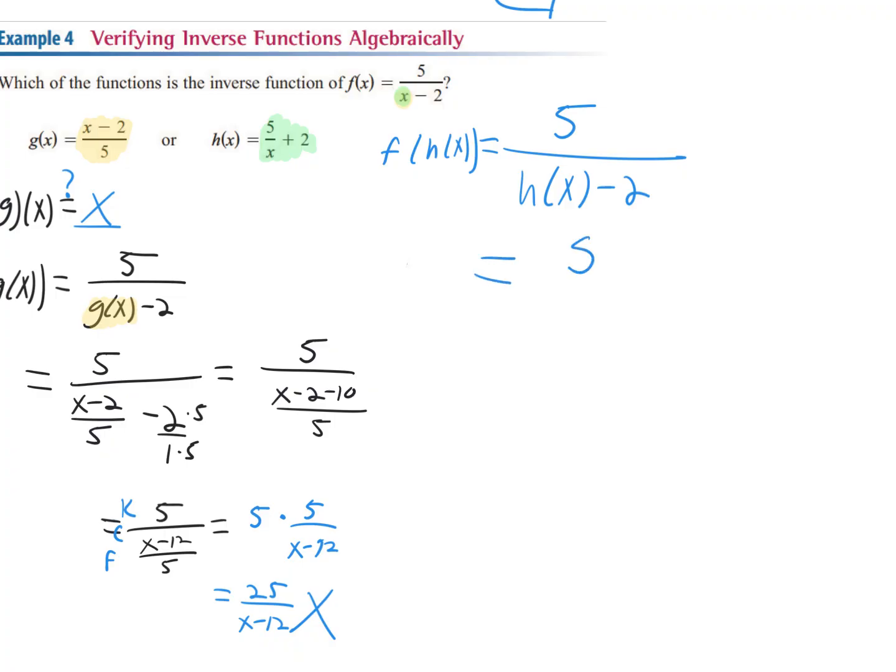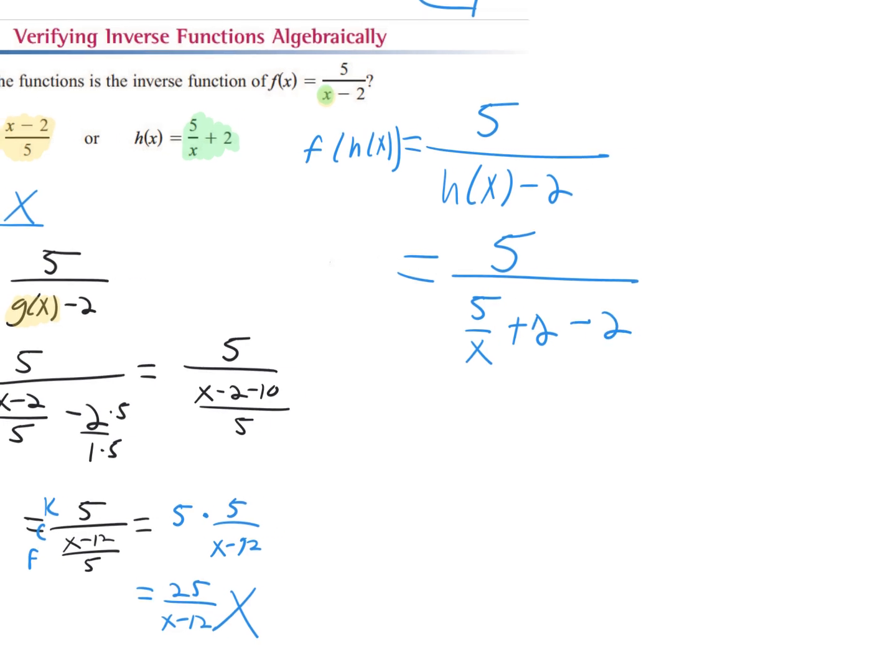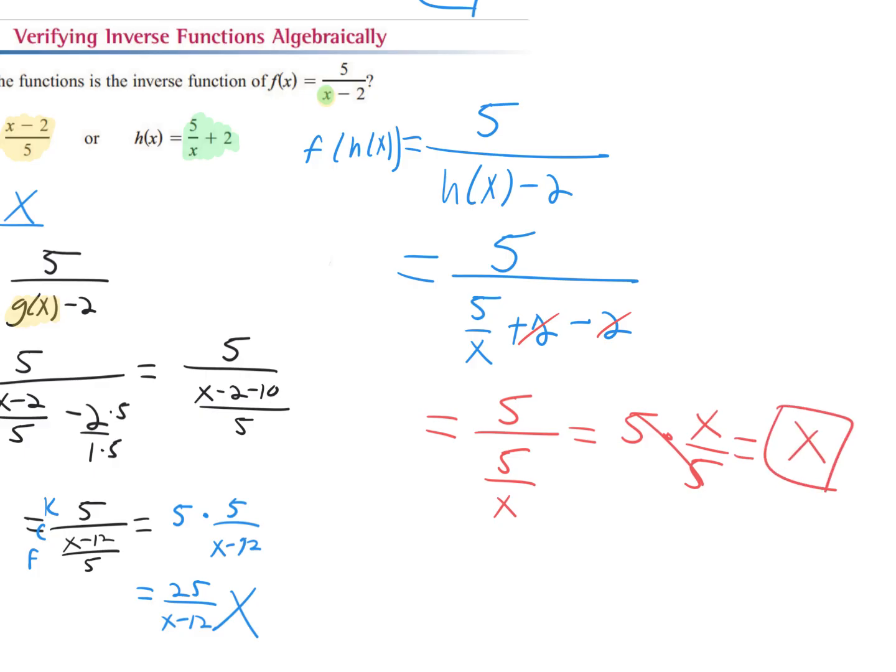All right, and then when we plug this in, this is going to be 5 over x plus 2, and then minus 2. What's the first thing to cancel out? Good, right? The 2's cancel out, and then you end up with 5 over x. And then once again, you can keep, change, flip. This is going to get you 5 times x over 5, which does get you x. So it does work in that direction.